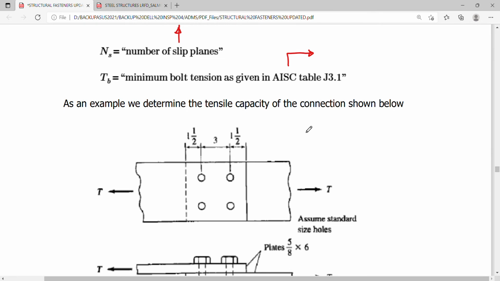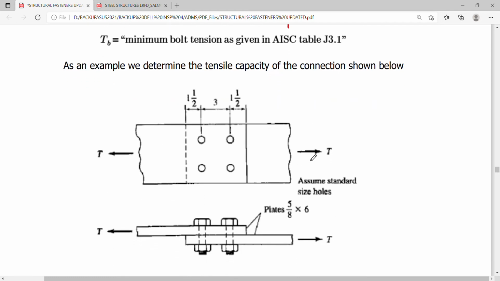So let's understand now the basic computational procedure on how to determine the tensile capacity of the connection, such as this connection shown, wherein there are 4 bolts, 2 bolts per row. We have 2 rows of bolts parallel to the tensile force.